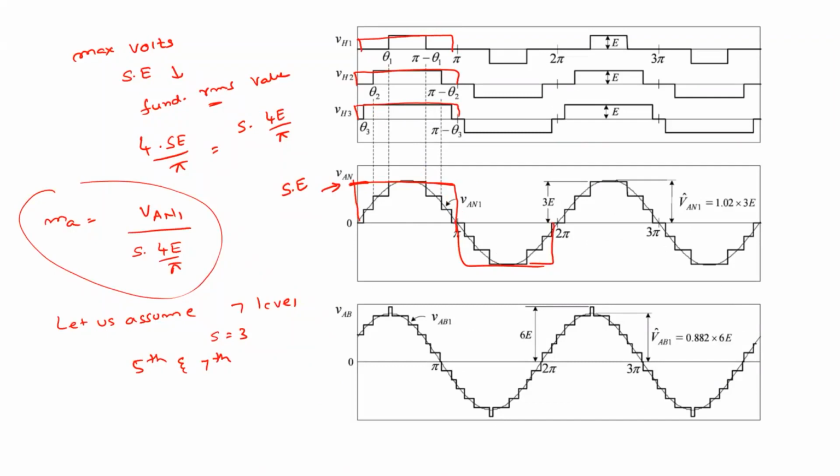This will be the maximum value when we are defining the MA, right? The peak value divided by another peak value gives you the fundamental. So this VAN peak value is the peak value. That's how modulation index is defined, right? Peak value of the modulating signal divided by the peak value of the carrier signal.